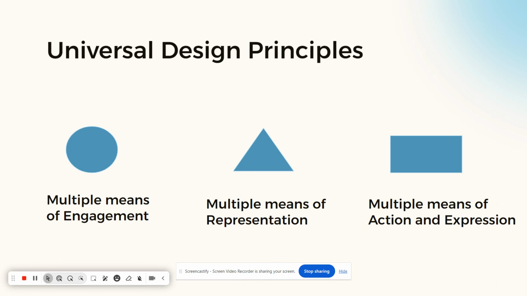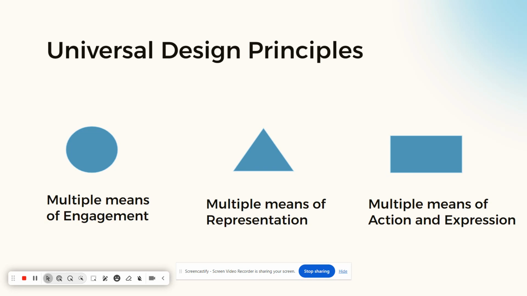So multiple means of engagement is about providing choices to enhance motivation and relevance, hoping to foster a supportive environment that encourages risk-taking and persistence. When we look at multiple means of representation, that's looking at presenting information in various formats, text, audio, visuals, to accommodate different learning styles, preferences, or needs, using tools that enhance understanding, such as graphic organizers, simulations, those sorts of things.